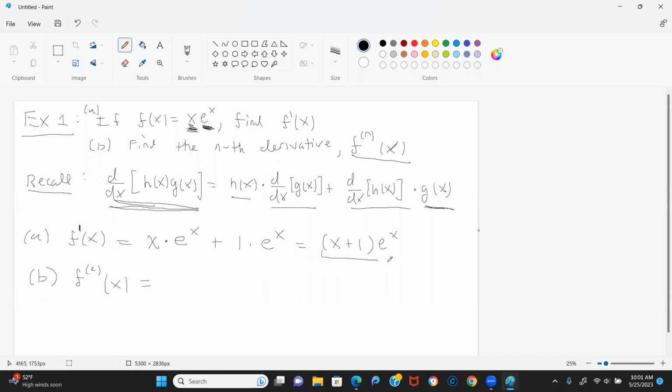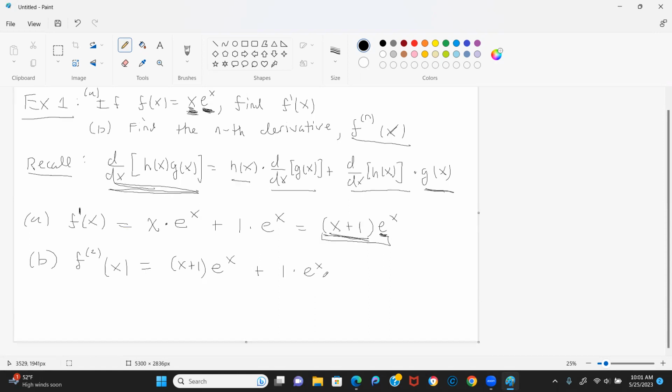So we want to differentiate this now, so we have to use the product rule again. The product rule says you take the first function and multiply by the derivative of the second function, which is just going to be e to the x, plus the derivative of the first function, which is just 1, times the second function, e to the x.